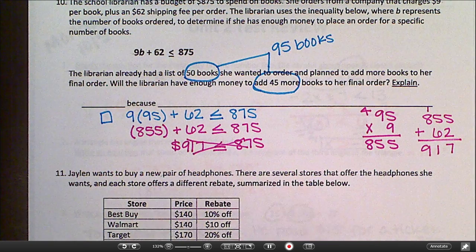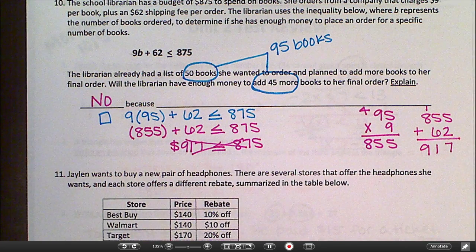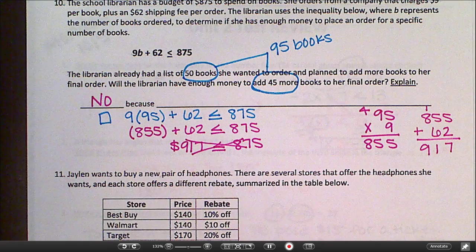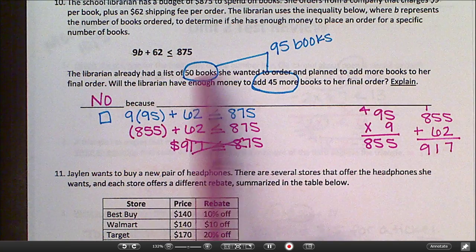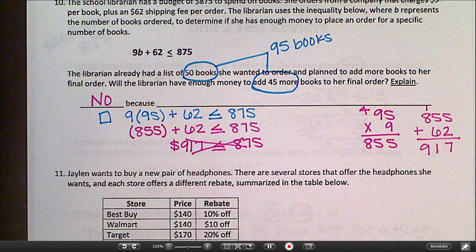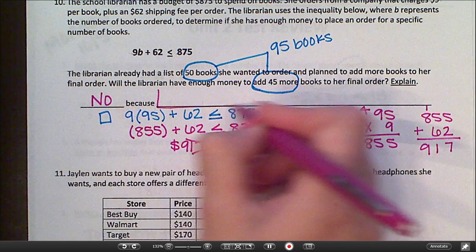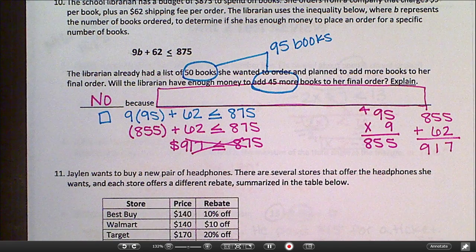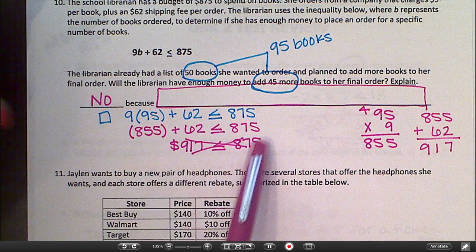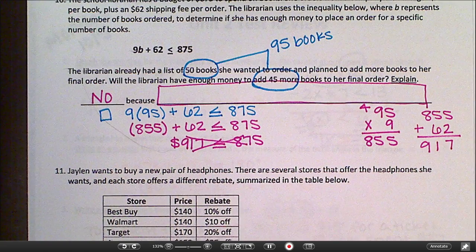So I'm going to do part of this with you. I'm going to say, no, the librarian does not have enough money to add 45 books. She could probably get those 50 books, but she can't add another 45. I need you, with your shoulder partner, to go ahead and fill in this part. You need to finish this, explaining the math, explaining these processes that we just went through. Tell us why she doesn't have enough money.